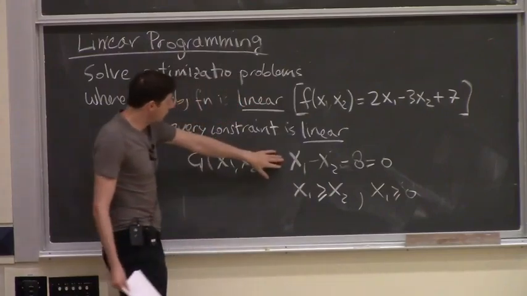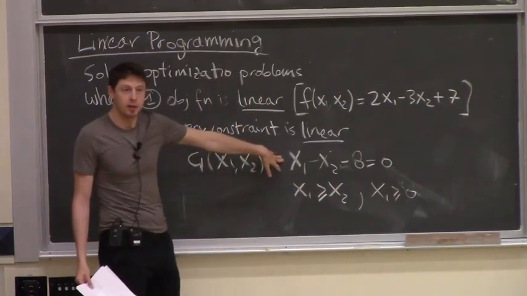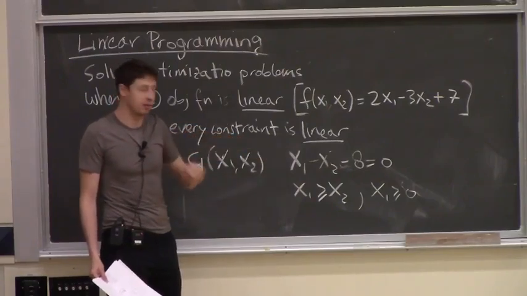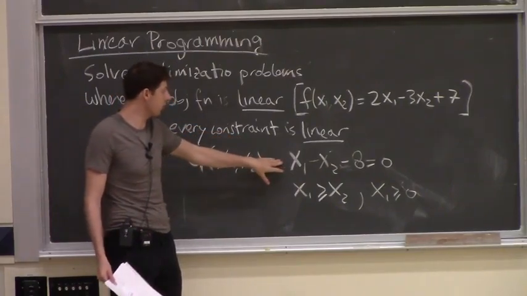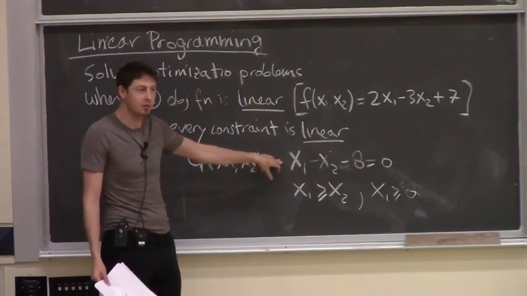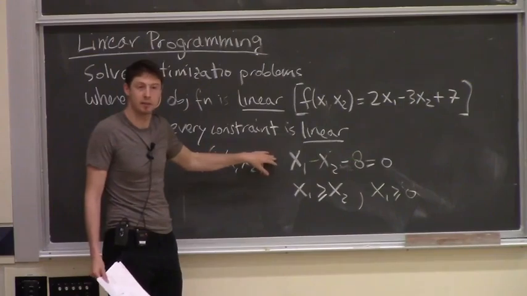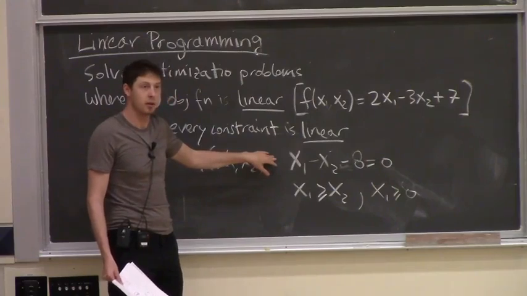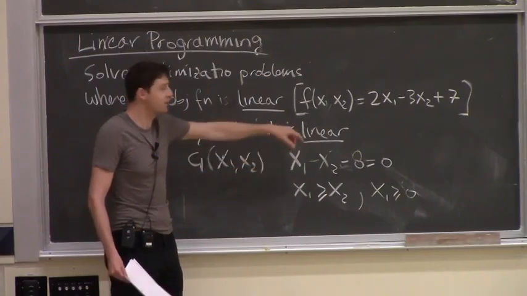By the way, notice that equalities are essentially two inequalities, right? If I want to enforce x1 minus x2 minus 8 equals 0, it suffices for me to write down two inequalities. What are they? Yeah. x1 minus x2 is less than or equal to 8, and negative x1 plus x2 is less than or equal to negative 8.